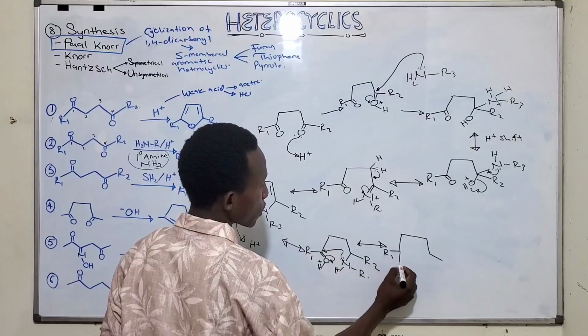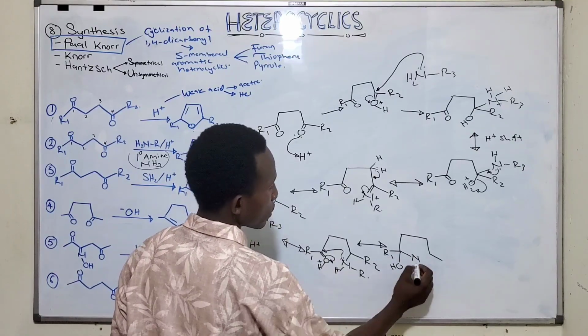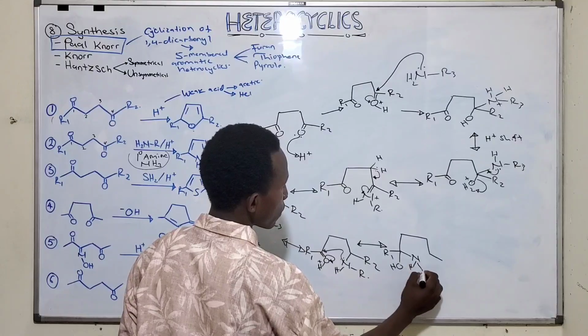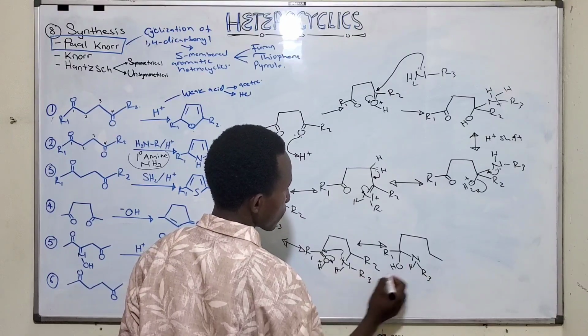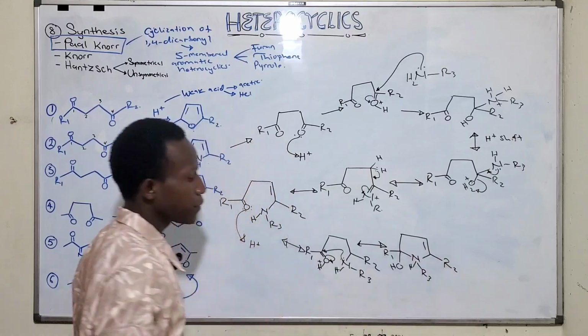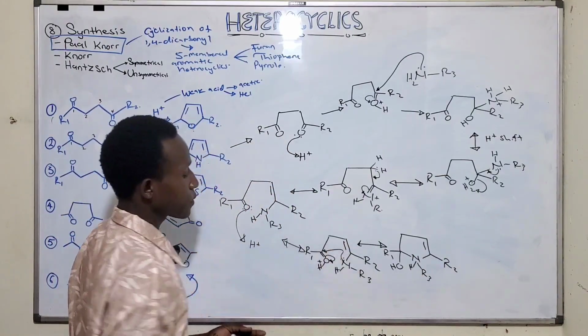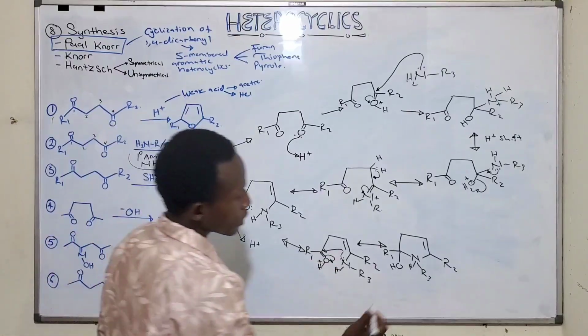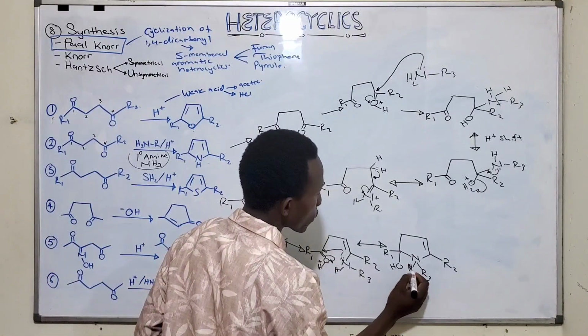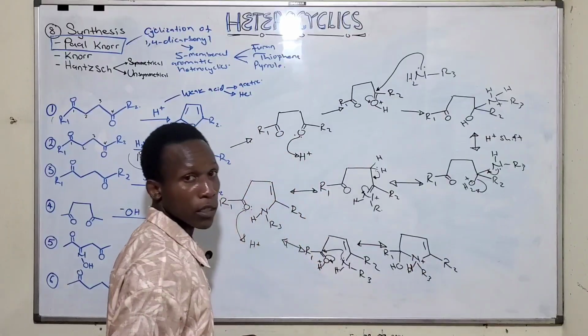R1, you have created an OH group here, then N with hydrogen and R3, then R2 here, and a double bond. You're having this double bond here. Don't forget, nitrogen is now positively charged.